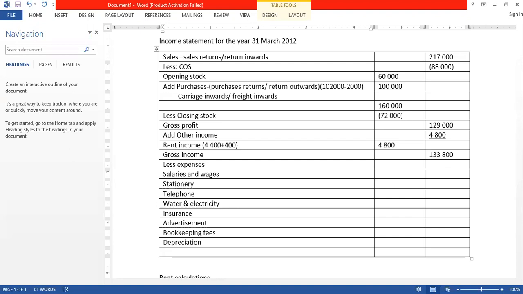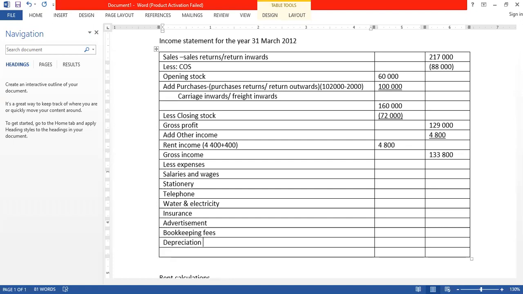Another expense that you are always not given: if you see loan, obviously if you take a loan from the bank today, you'll be required to pay interest each and every month.